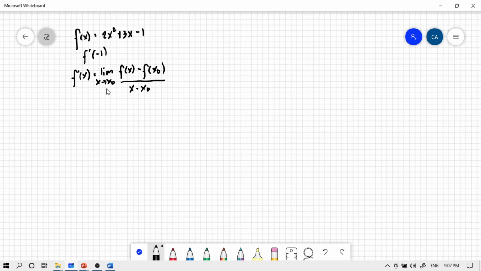Looking at the equation, ang mga known values natin ay yung x₀ which is negative 1 at ang ating f of x which is 2x squared plus 3x minus 1.